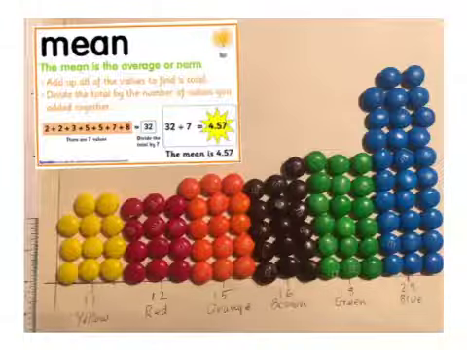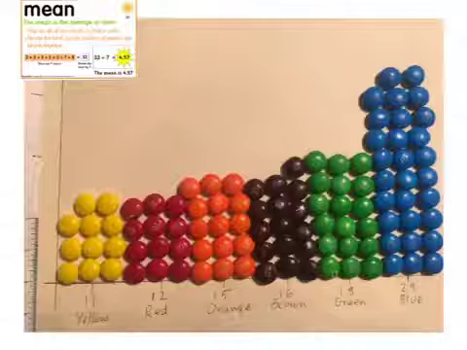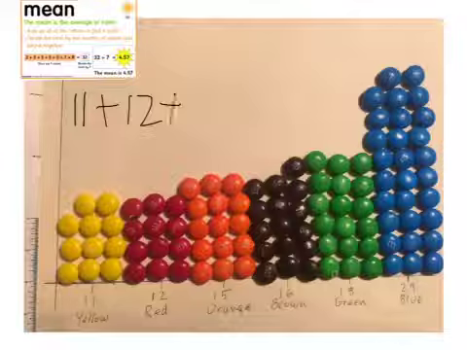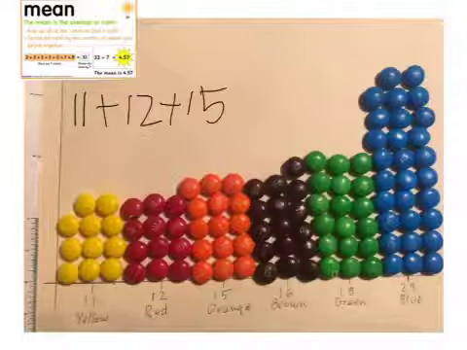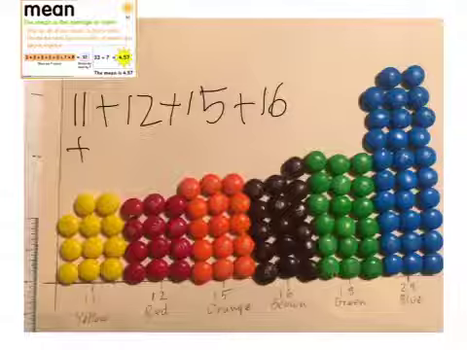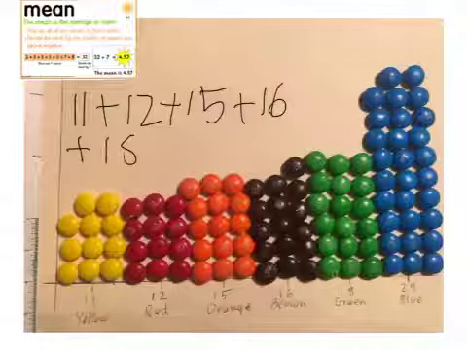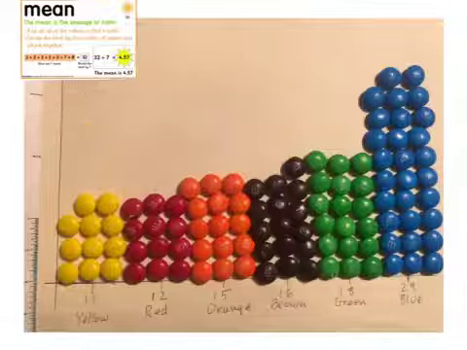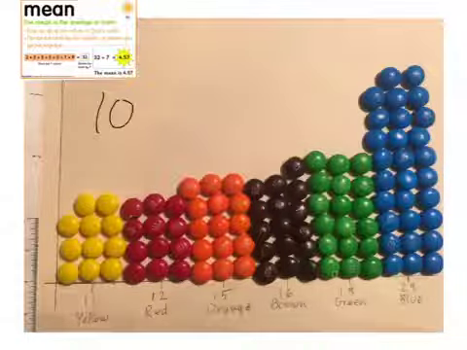Let's go ahead and take a look at our example. So for our example, we're going to add 11 and 12 and 15 and 16 and 18 and 29. This gives us 101.